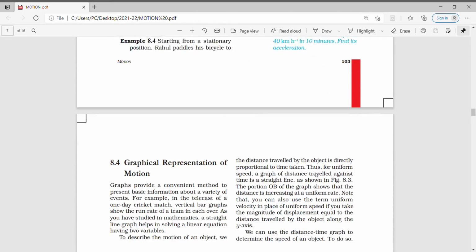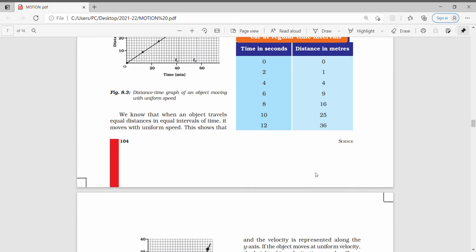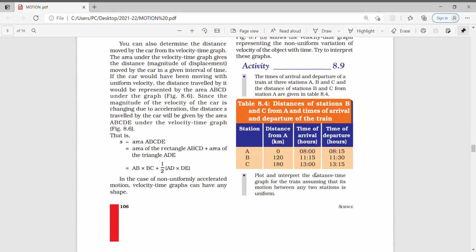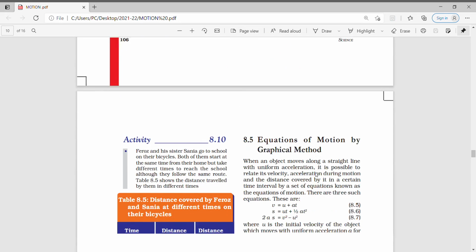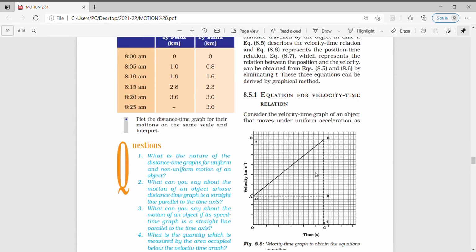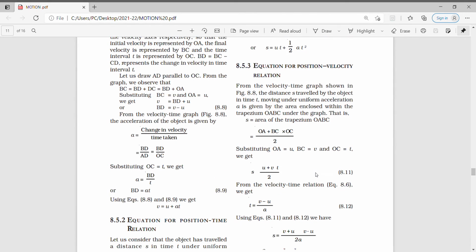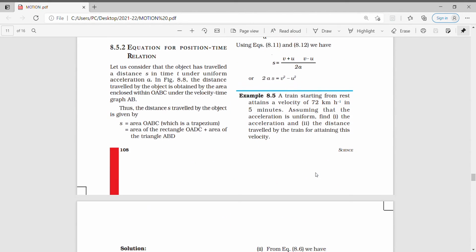This is example 8.5. Example 8.5 comes after these equations of motion. There are three equations of motion that we have understood in the video, and then we have example here. A train starting from rest attains a velocity of 72 km per hour in 5 minutes.